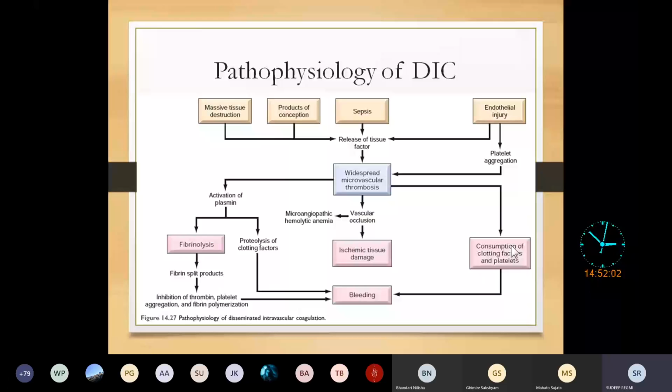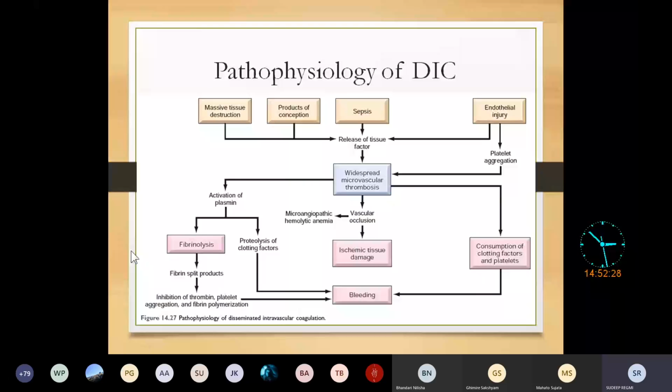And secondarily, this widespread microvascular thrombosis will lead to activation of plasmin, leading to one is fibrinolysis and the second is proteolysis of the clotting factors, which will ultimately lead again to bleeding.